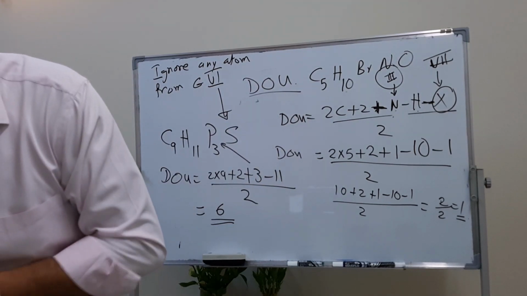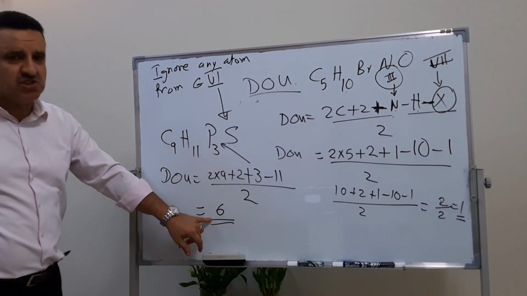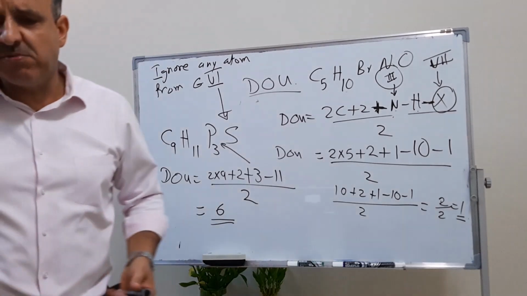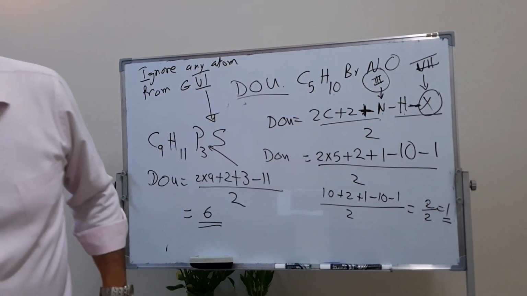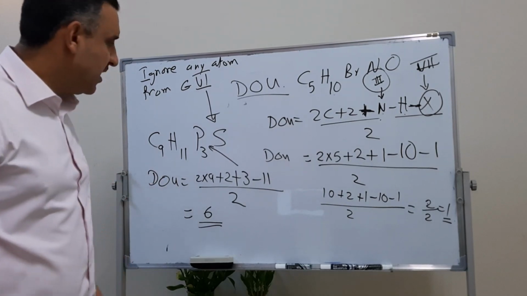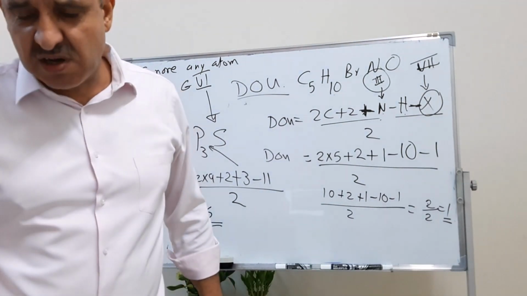So when I know that the degree of unsaturation is 6, I should expect this compound to be highly unsaturated, as we will see in the coming slides of the topic.